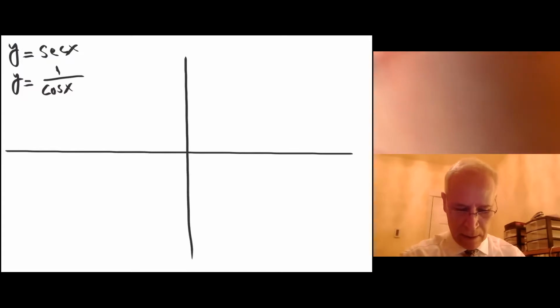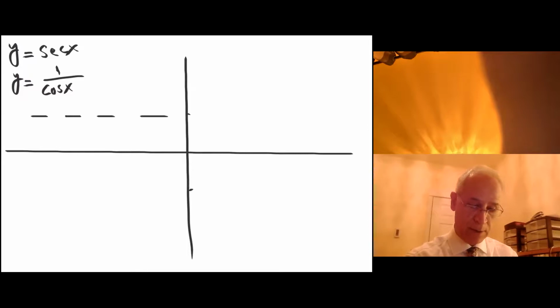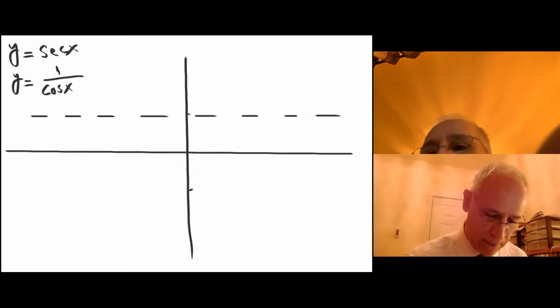And let's give it a 1 and -1. The graph of cosine oscillates between 1 and -1.